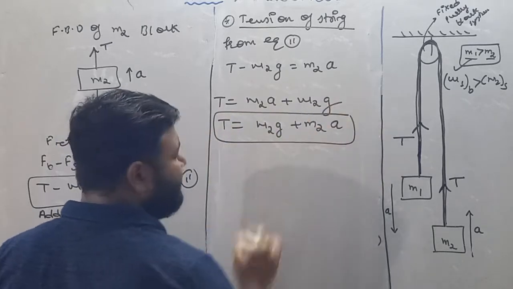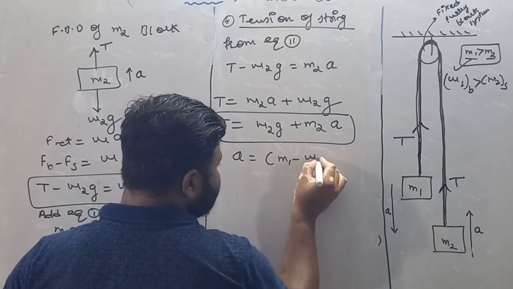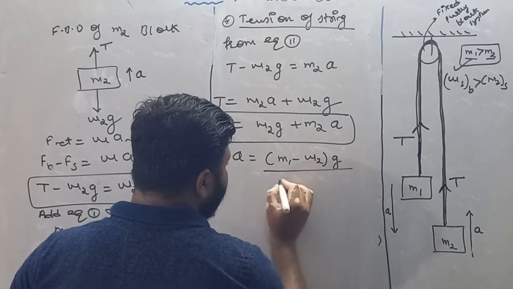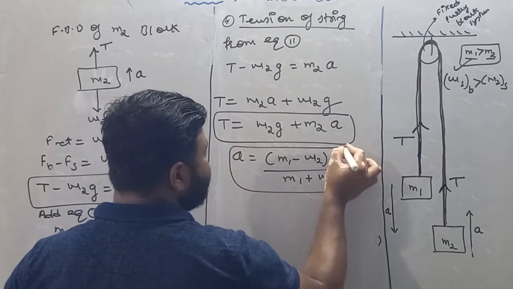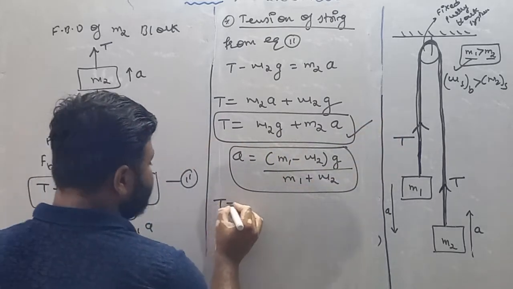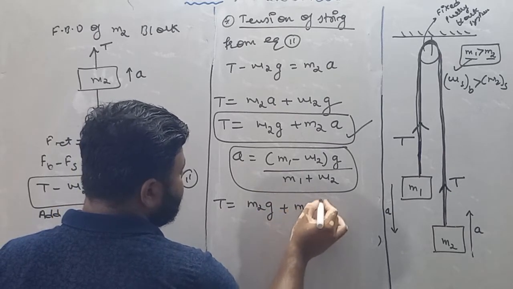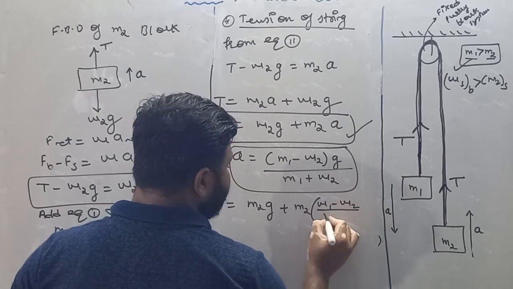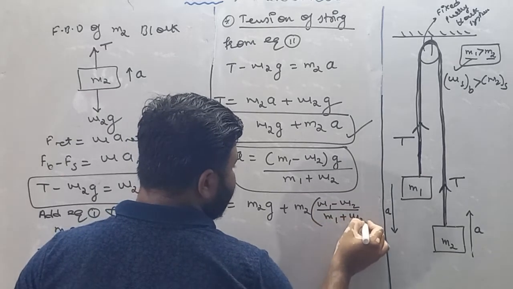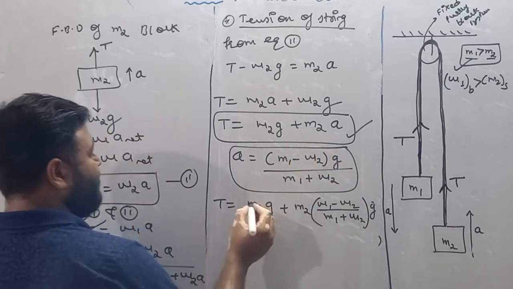Now we know the value of acceleration: a is equal to (m1 minus m2) into g upon (m1 plus m2). Put the value of acceleration in this equation. So T is equal to m2g plus m2 into (m1 minus m2) upon (m1 plus m2) into g.